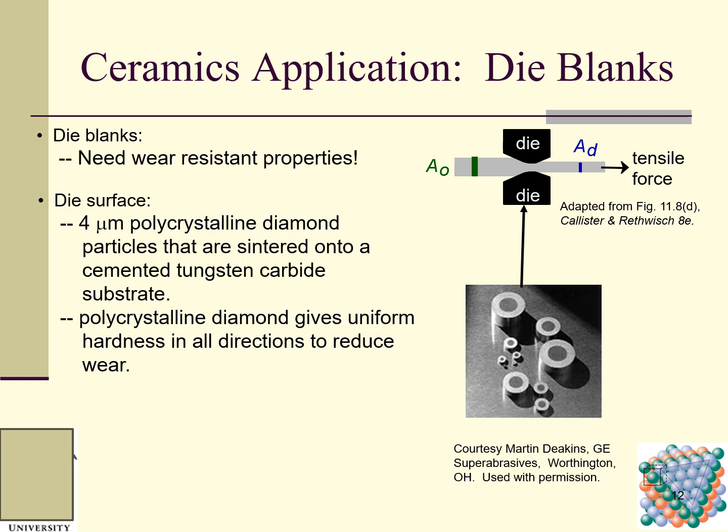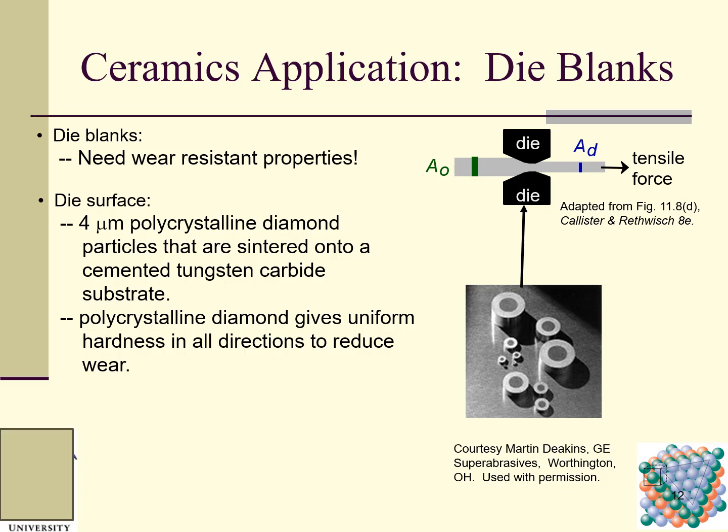And the die surface has 4 micrometer polycrystalline diamond particles that are sintered onto a cemented tungsten carbide substrate, and we use this as a coating. It is not a monolithic, not a single ceramic material, but there is some other material with a thin coat, for example, 4 micrometer polycrystalline diamond particles sintered onto a cemented tungsten carbide substrate.